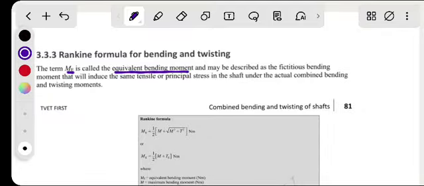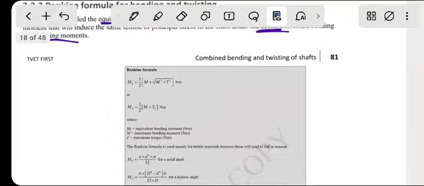Remember, we've looked at the equivalent torque, the equivalent twisting moment. Right now, we'll look at the equivalent bending moment, denoted by Me. It may be described as a fictitious bending moment that will induce the same tensile principal stress in the shaft as the actual combined bending moment and twisting moment. They're talking about the actual.